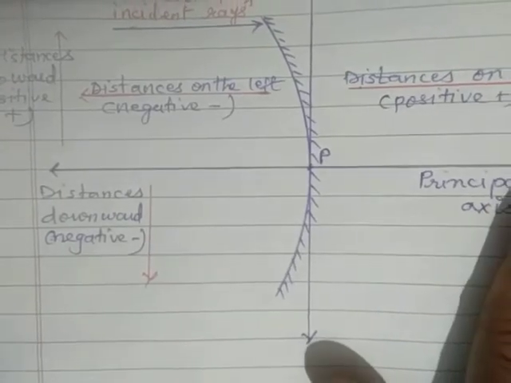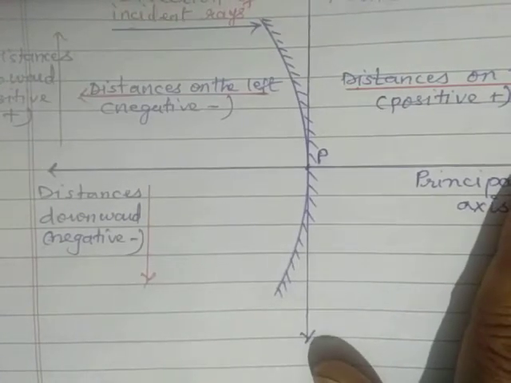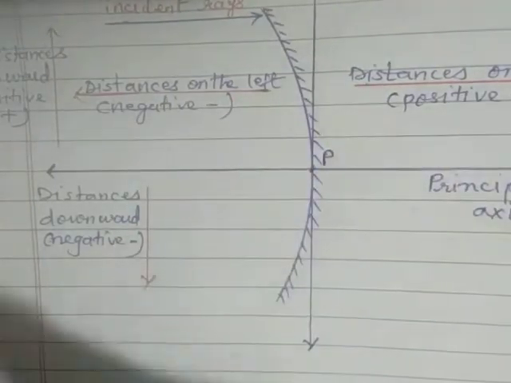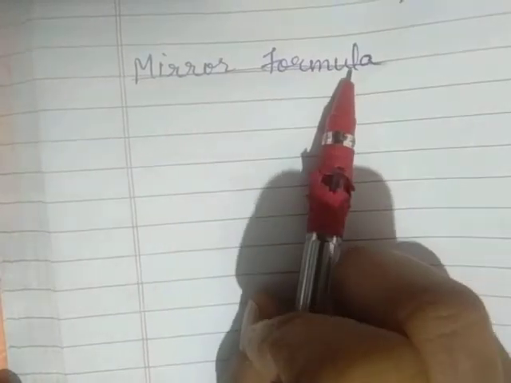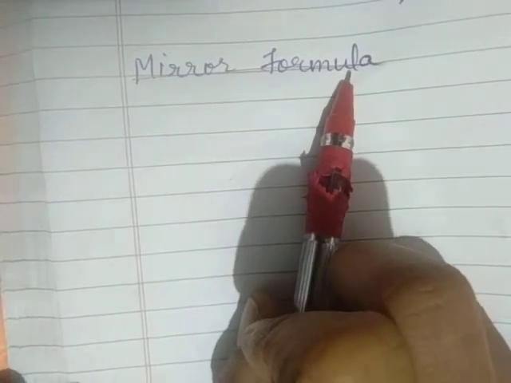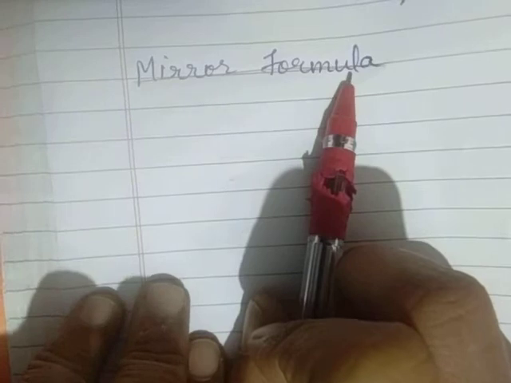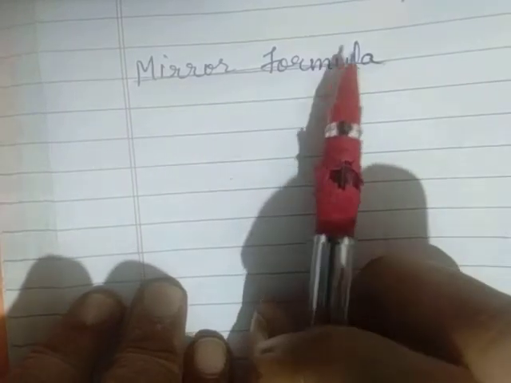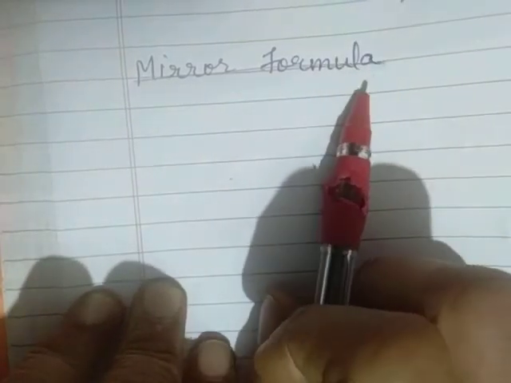Right. Now let us continue with the next part of the lesson, called the mirror formula. Let us learn now about the mirror formula. The mirror formula is required for calculating the focal length, the distance of the object, or the distance of the image.